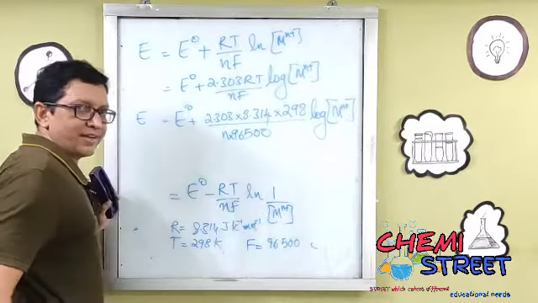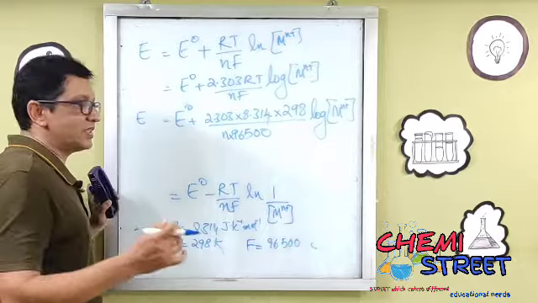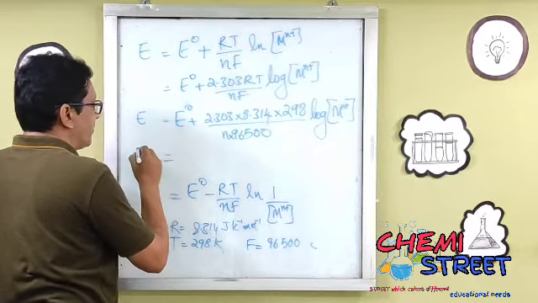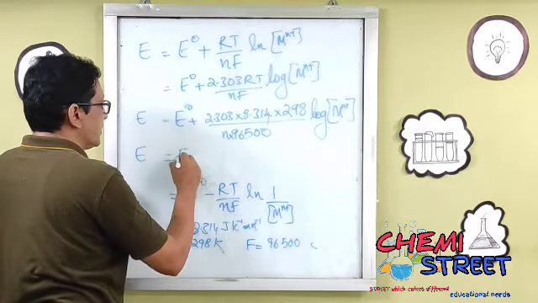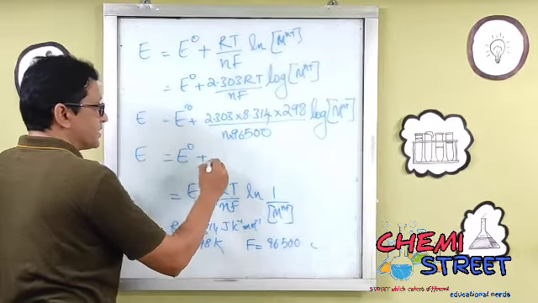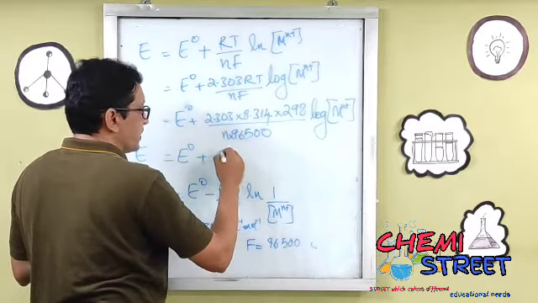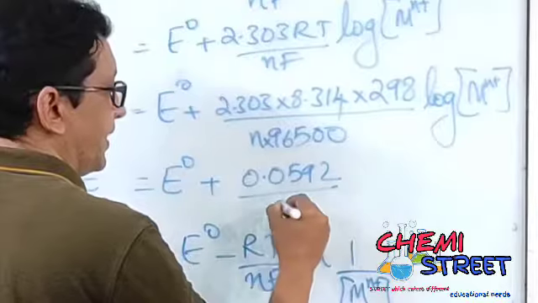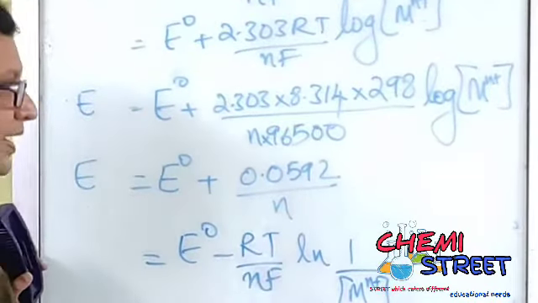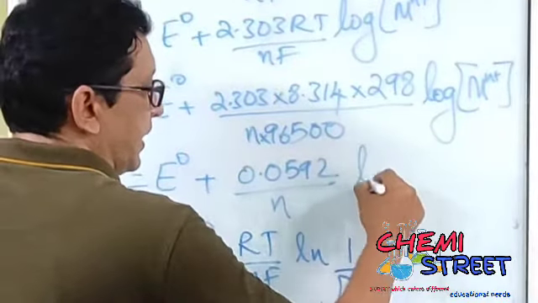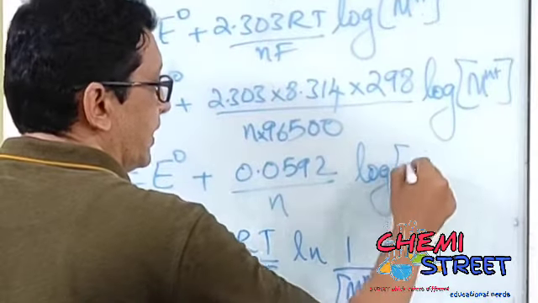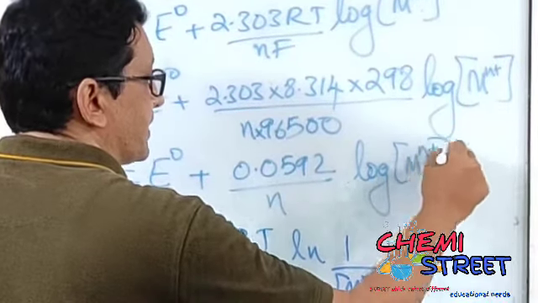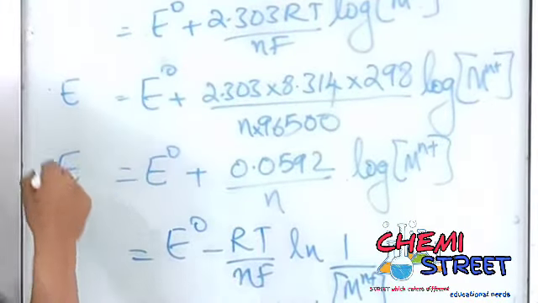If you multiply and divide all these values, you can simplify further. E is equal to E0 plus 0.0592 by N, which is remaining, log Mn plus, the molar concentration of the metallic ion.